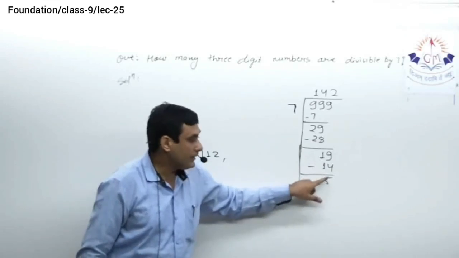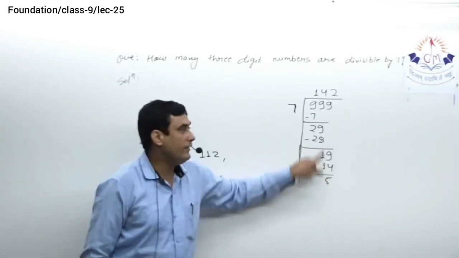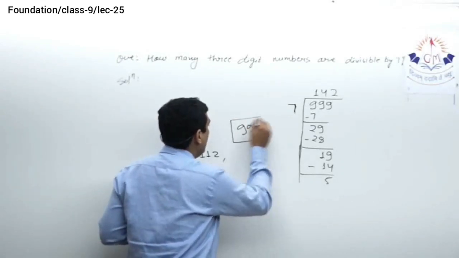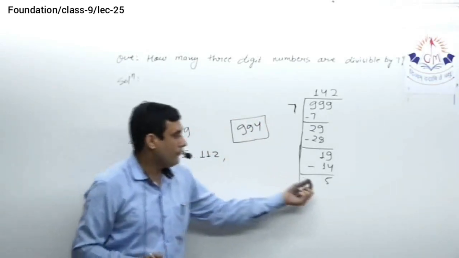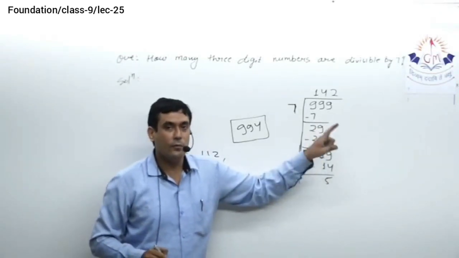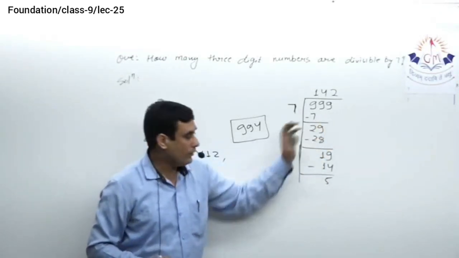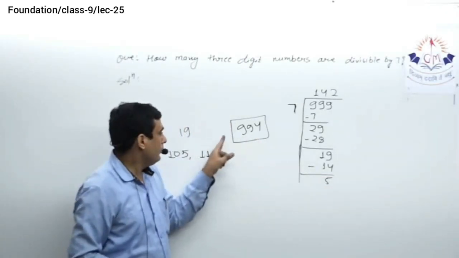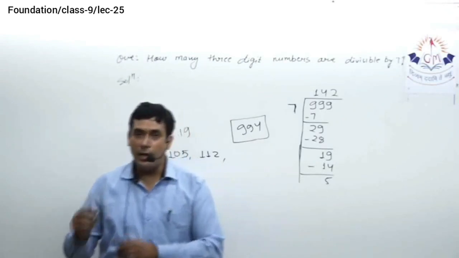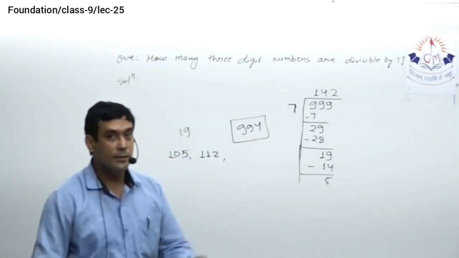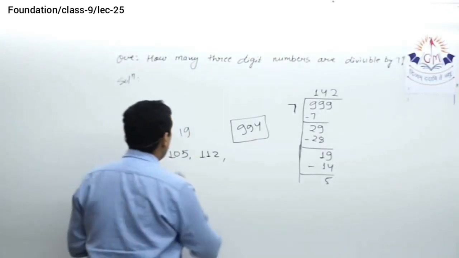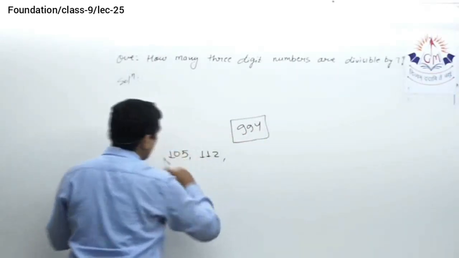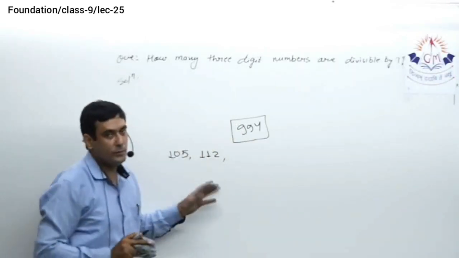But if I subtract the 5 from 999, I will get 994, and that will be divisible by 7, because 5 is extra in 999. So I remove this 5, and then I get a number which is divisible by 7. So now 994 is the last 3-digit number which is divisible by 7. All this exercise that I did over here, you have to do in your rough.